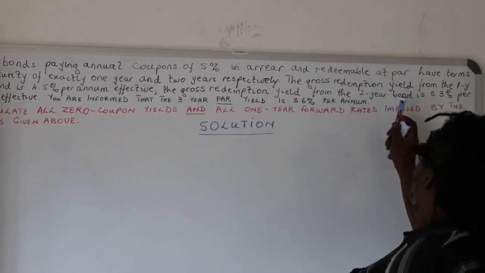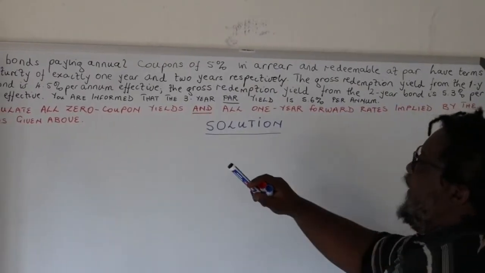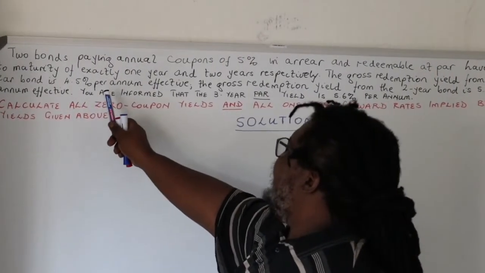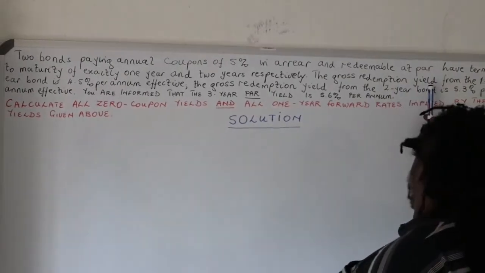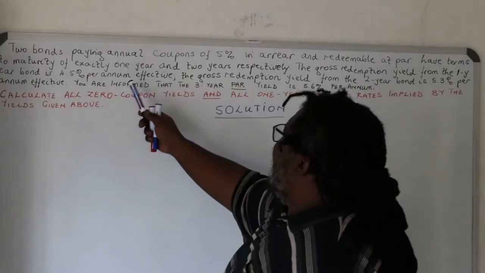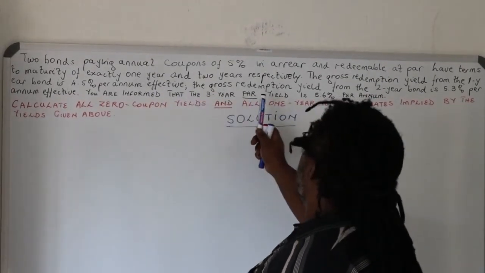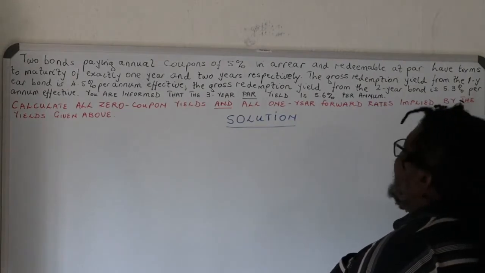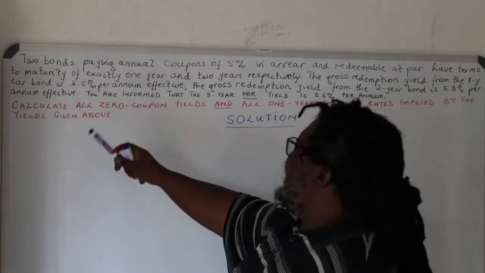The gross redemption yield from the 1 year bond is 4.5% per annum. Another important term, the yield. What is the yield? Per annum effective, and the gross redemption yield from the 2-year bond is 5.3% per annum effective.